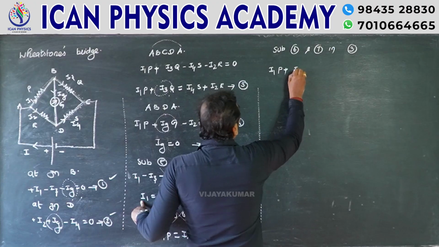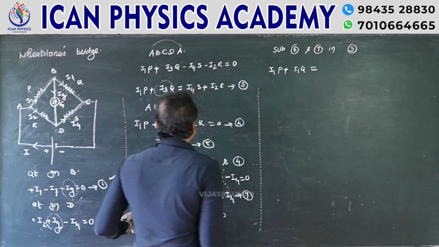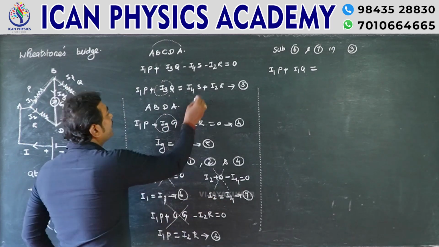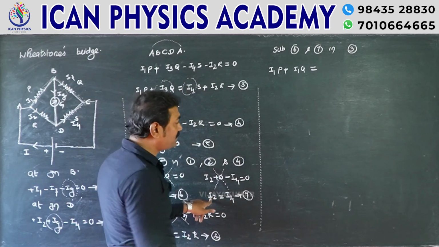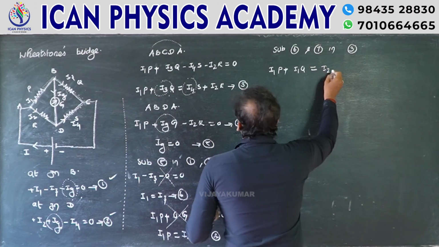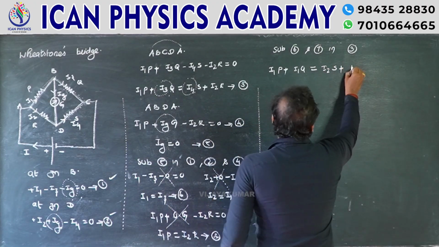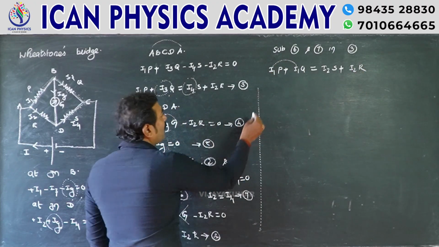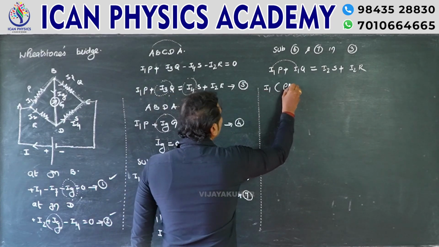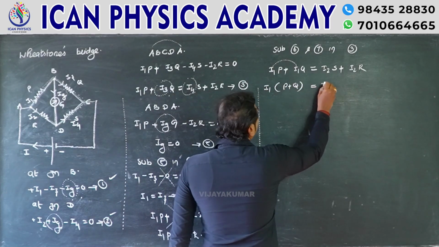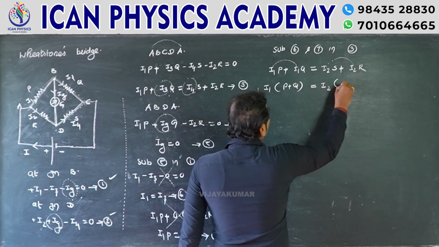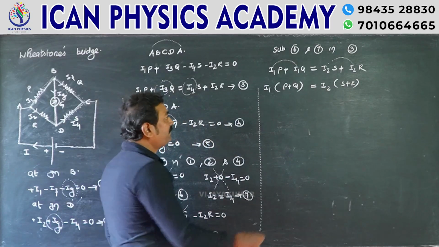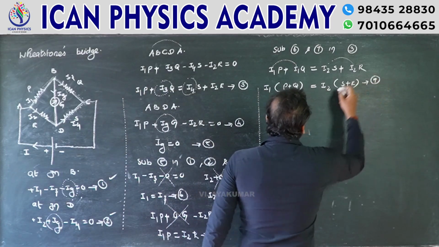So I1Q equal to I4S, and I4 equal to I2, so instead of I4, I can substitute I2. So I2S plus I2R. In both of the terms, I1 is common, so I1 into P plus Q equal to, here I2 is common, so I2 into S plus R. Already we have given the number 8, so now this can be taken as equation number 9.